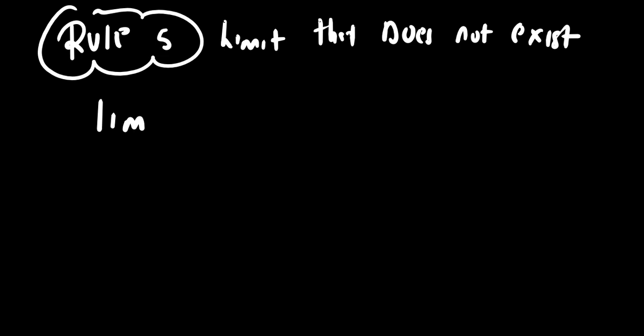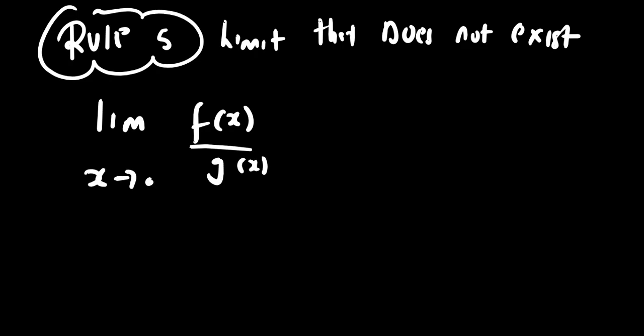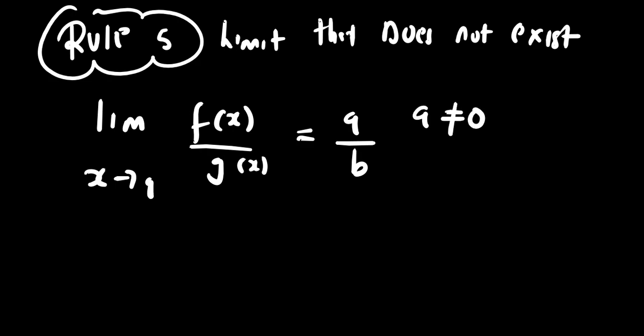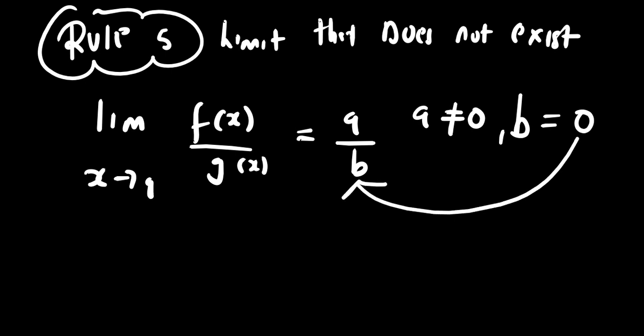Let's say the limit of f of x over g of x as x is approaching a, where f of x is a and g of x is b. In this case your a is not equal to 0, and your b is equal to 0. Because the denominator is 0, it means that the limit does not exist.